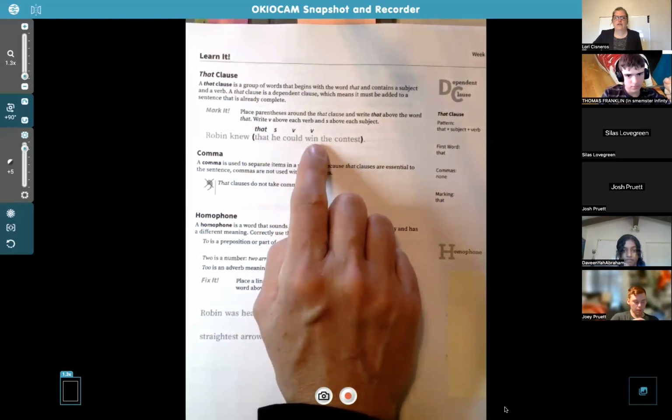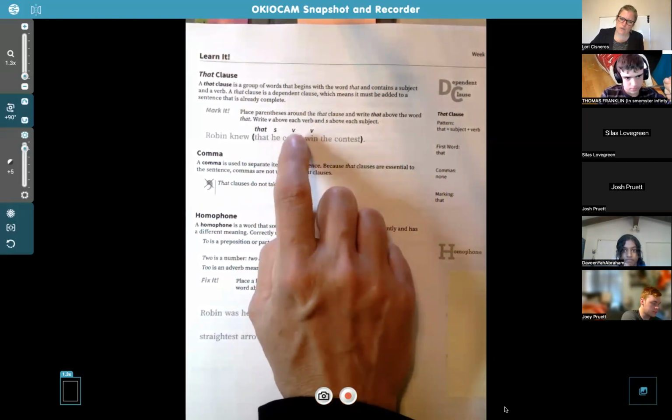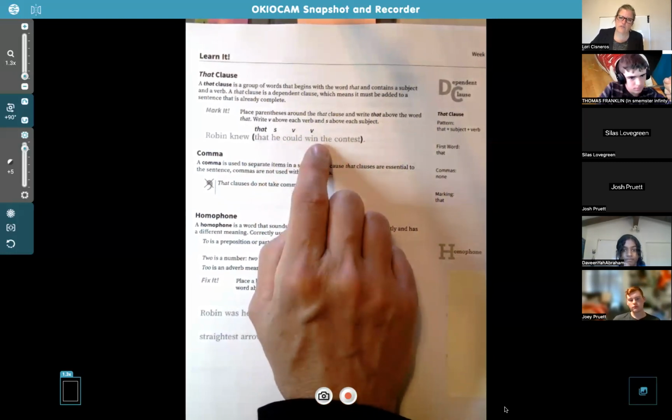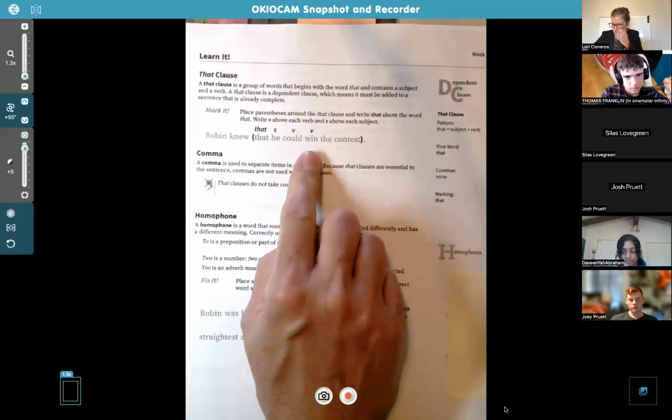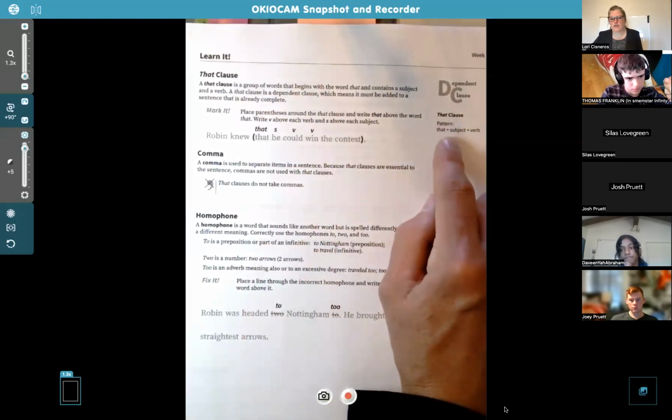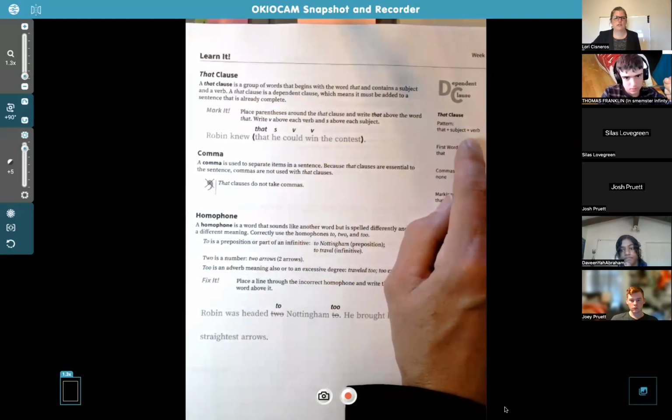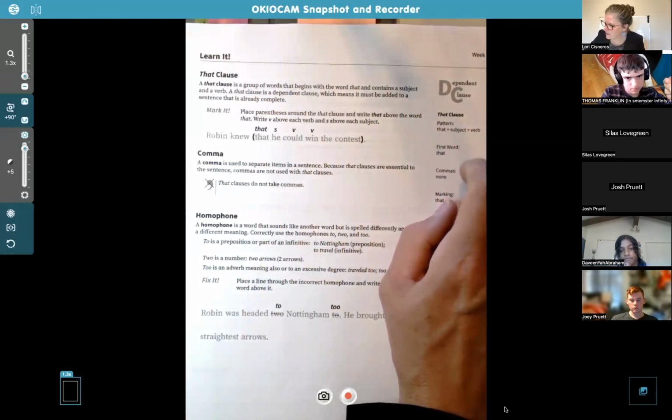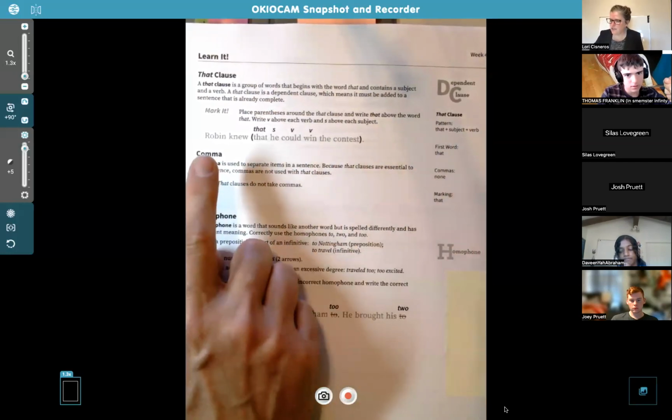He could win is the subject-verb pair. And then here is the pattern in the margin. It says that plus subject plus verb. So that's how you know where the that clause is. The first word is that.